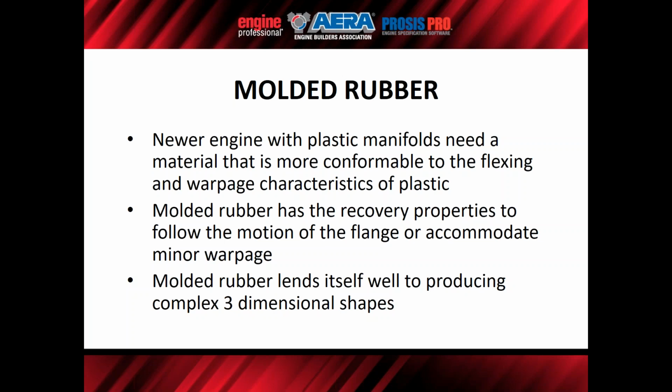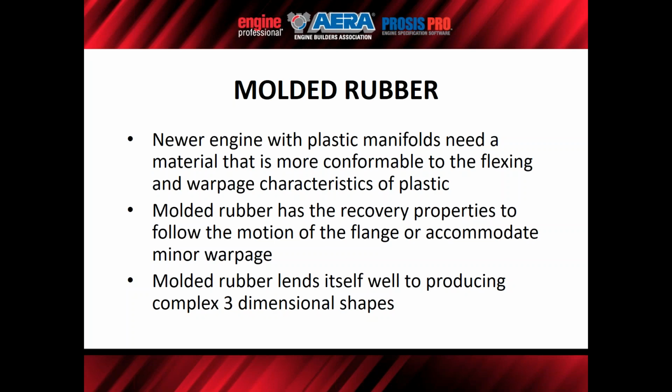All right. Newer engines today utilize plastic manifolds. So you need a material that's more conformable to that flexing or warping that you see on plastics. So molded rubber comes into play to solve this issue. If anybody's been working on an early style plastic manifold, say the Ford 4.6 modular engine, the early one on a Crown Victoria, that manifold would warp and unload the lower intake gasket at the coolant crossover area.